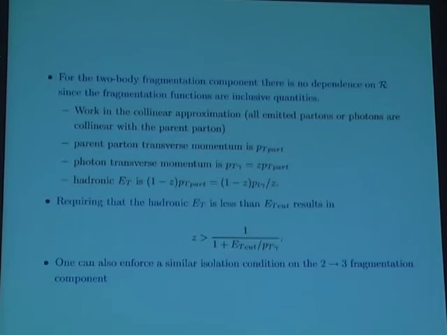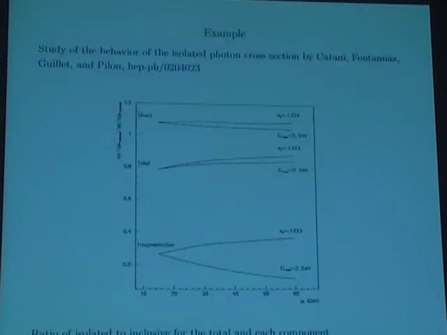And you'll notice that for a fixed value of this PT cut, say 1 GeV, as PT gets bigger, this term goes to 0, z is pinched closer and closer to 1, and it just cuts down on the fragmentation contribution. That's shown here in a study by Kitani, Fontenot, Diag, and Coulomb.